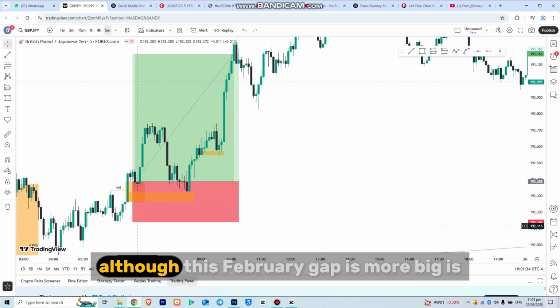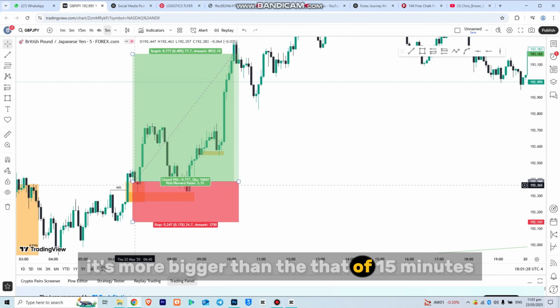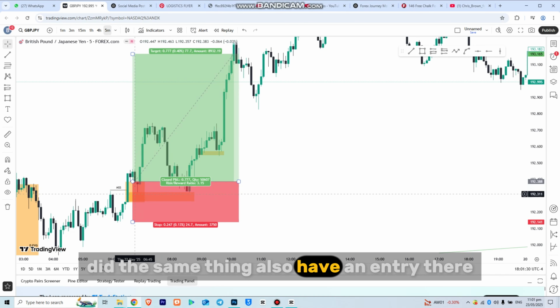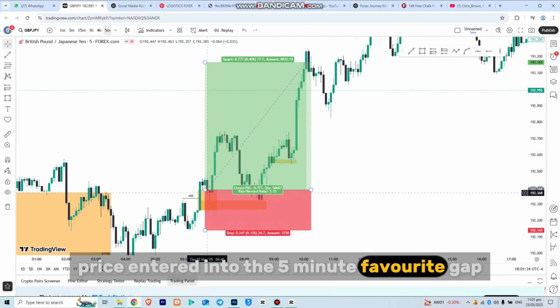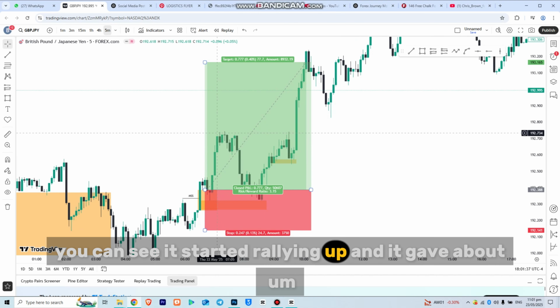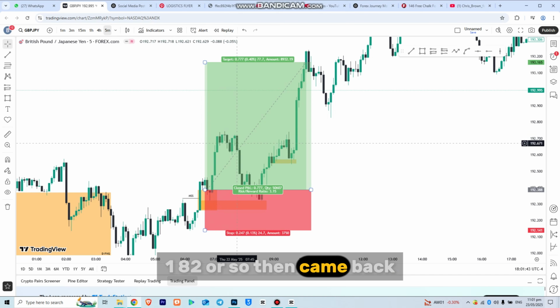This is the fair value gap. Although this fair value gap is bigger than that of 15 minutes, you also have an entry there. Price entered into the 5-minute fair value gap, started rallying up and gave about 1:2, then came back.